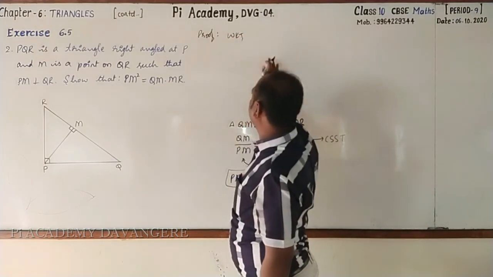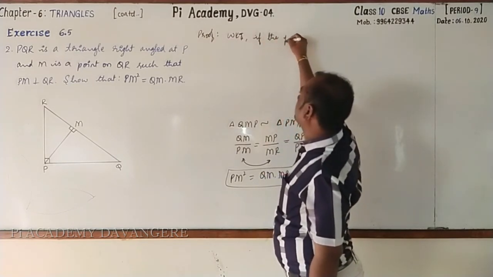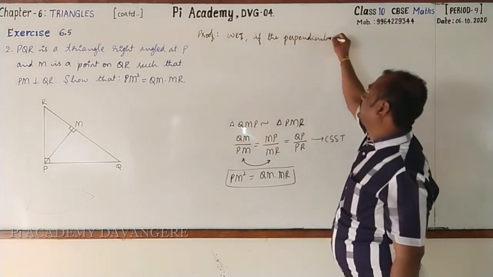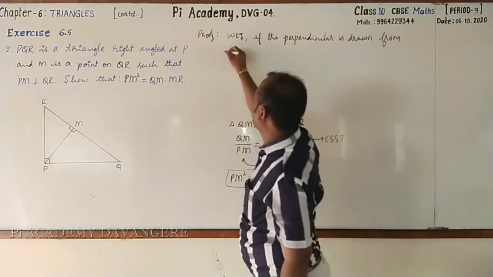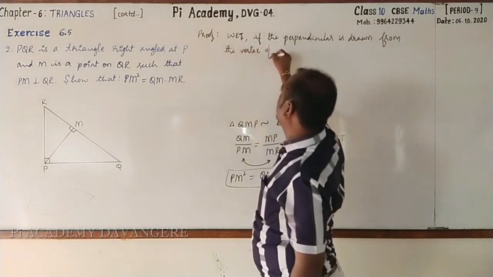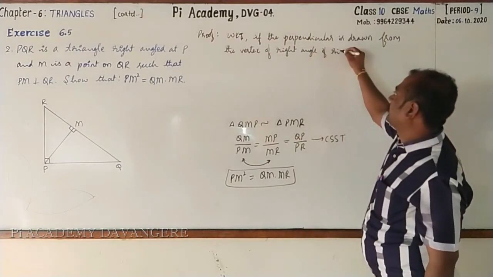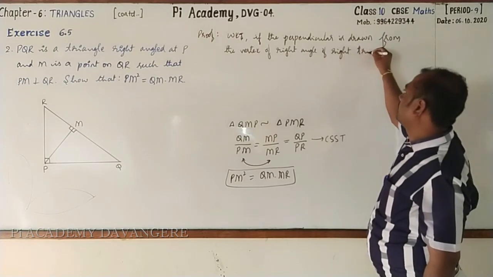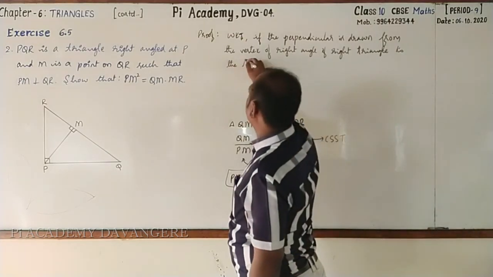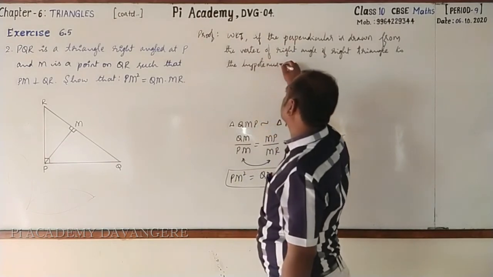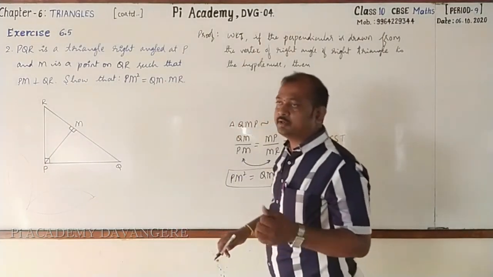Yes, here we know that if the perpendicular is drawn from the vertex of the right angle of the right triangle to the hypotenuse, then it forms two similar triangles.